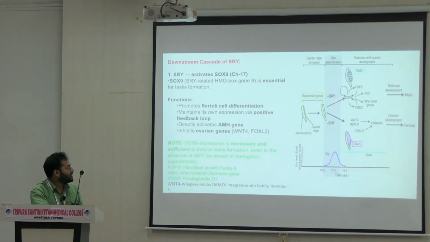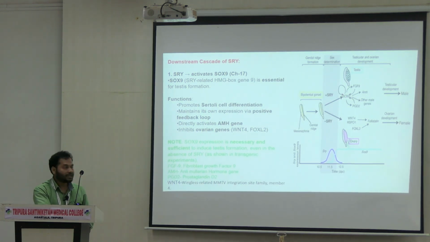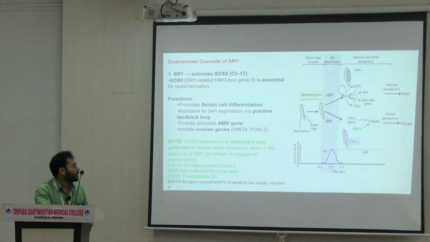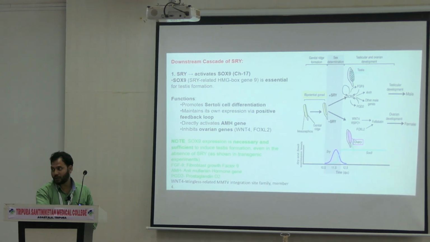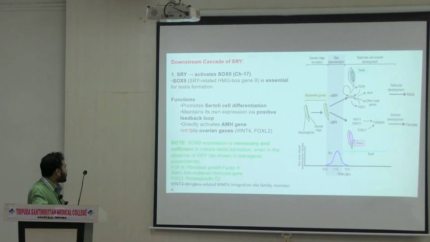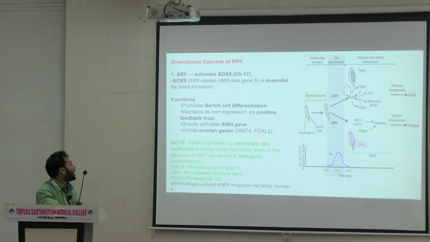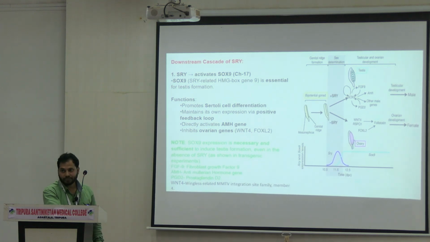But when the SRY gene is present, it activates SOX. When SOX is present, it promotes the male pathway, but it inhibits the female pathway, right? Now you can see, ultimately it inhibits the ovarian genes like WNT4 and FOXL2.